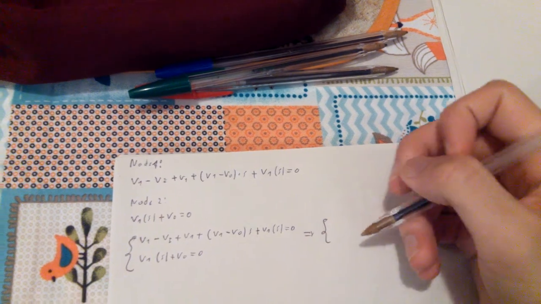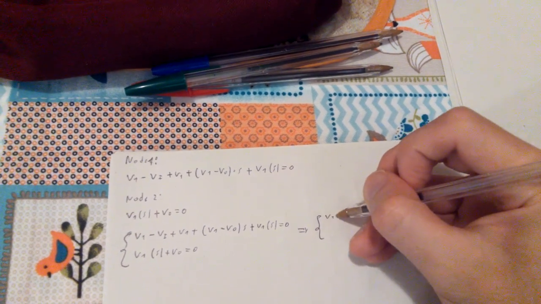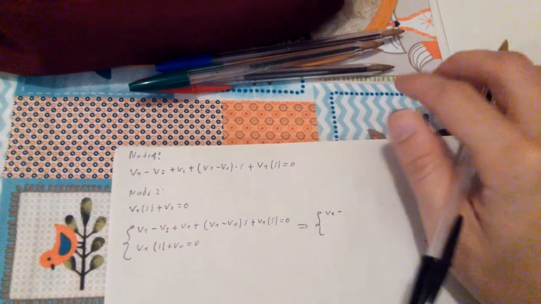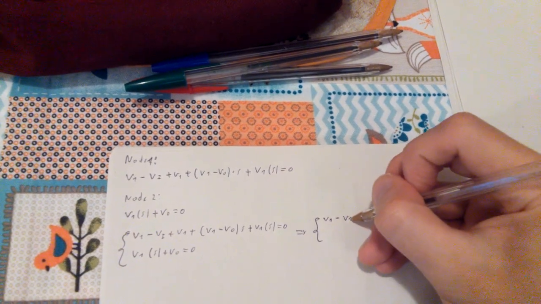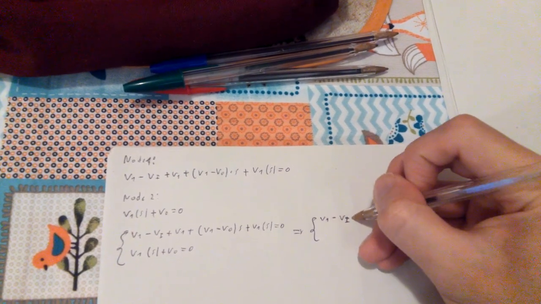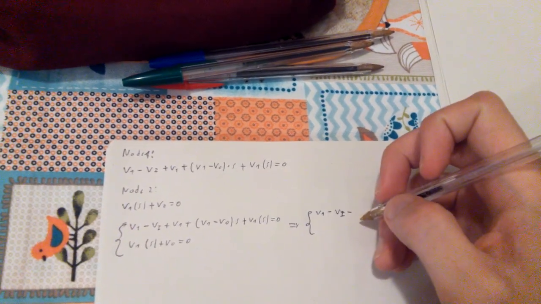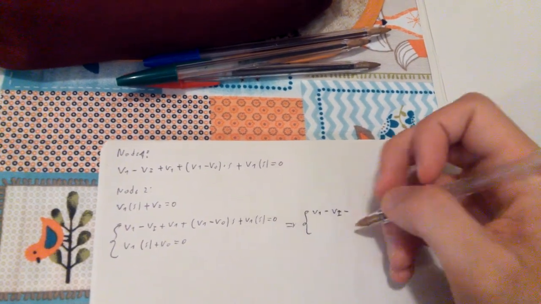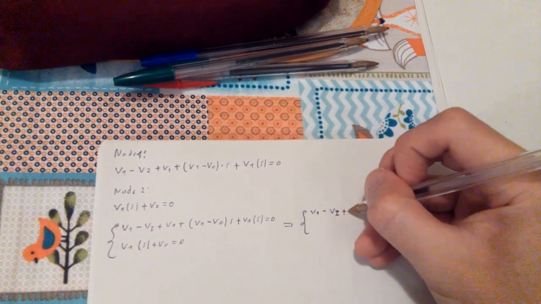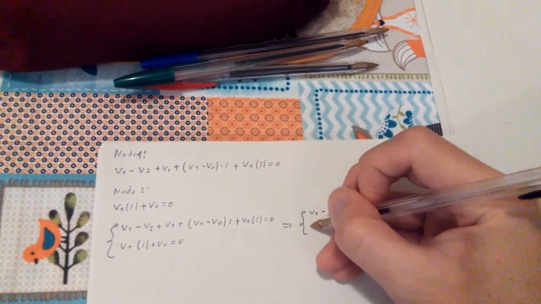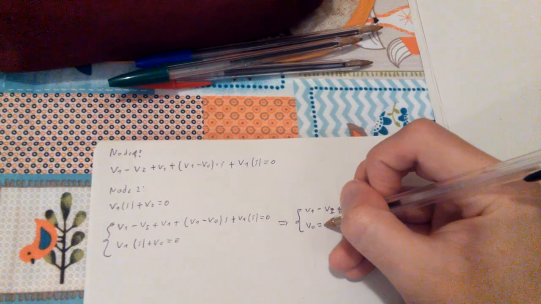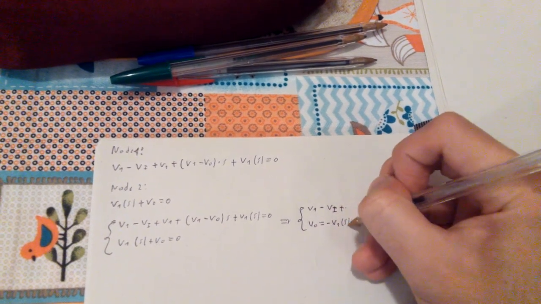So this will actually give us V1 minus Vi. We can just say that V0 is equal to negative V1 of S to speed things up.